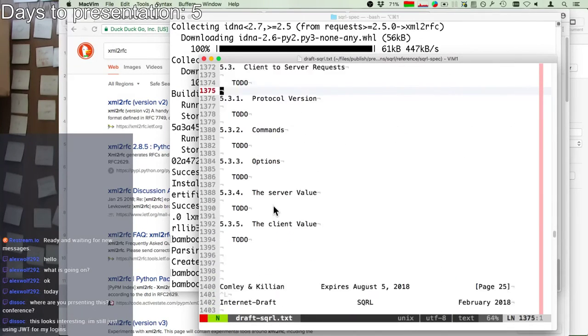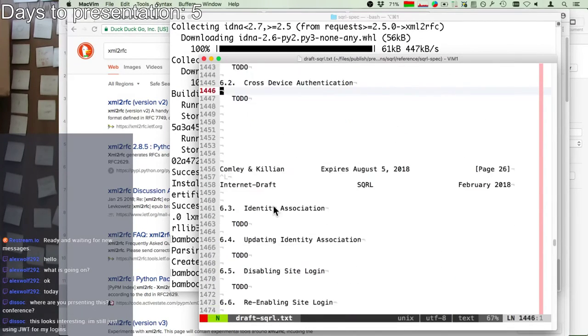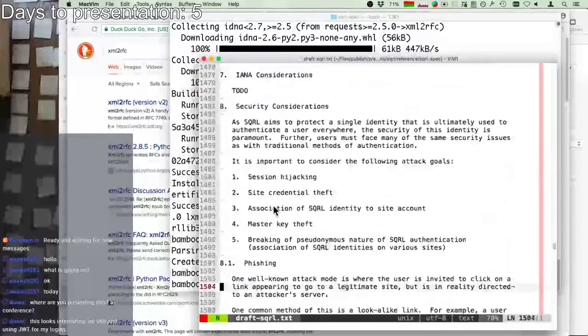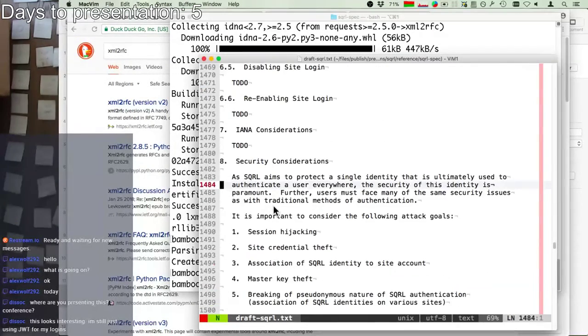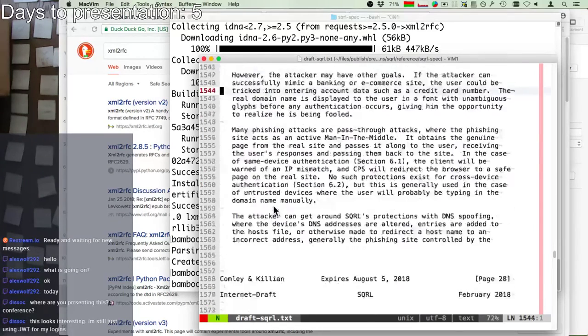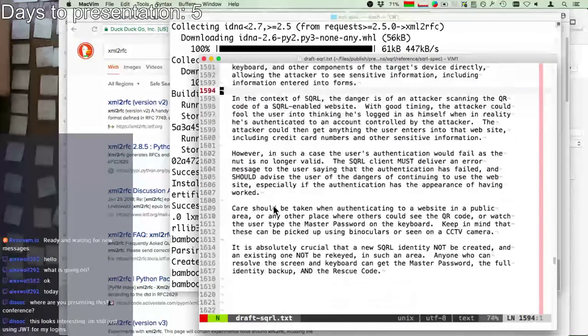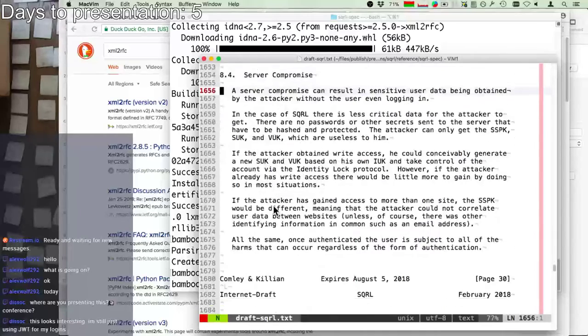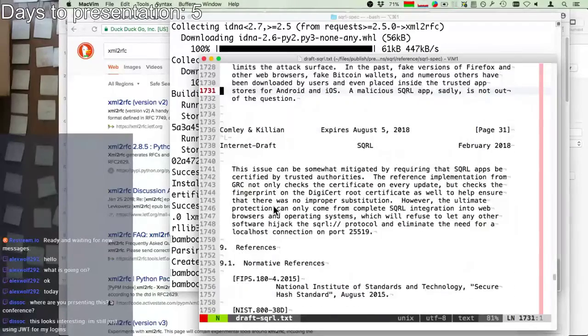Oh, okay, so we still have a lot of to-do sections. Oh, yeah, enabling and disabling site login. Tag formats.